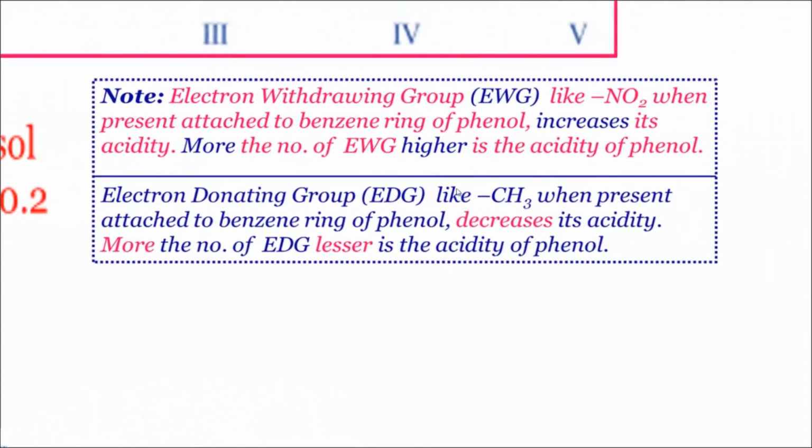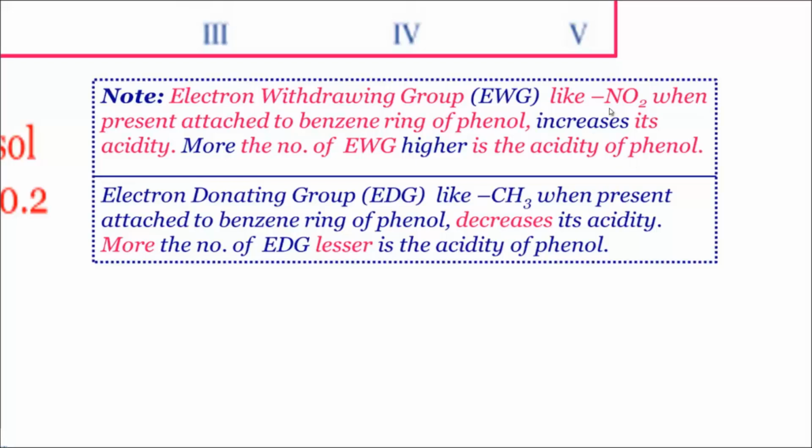Now, what is the reason why nitrophenols are more acidic than the cresols? The nitro group is electron withdrawing in nature. The moment the nitro group gets linked to the benzene ring, it increases its acidity, and the more electron withdrawing groups are present, the higher will be the acidity of phenol.